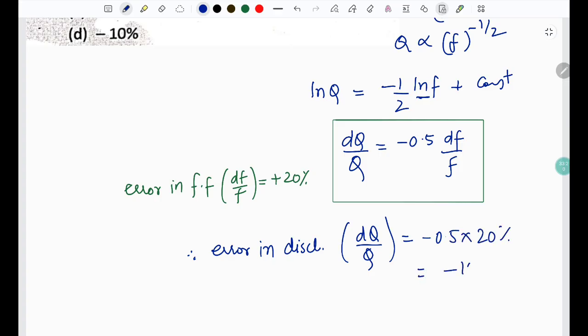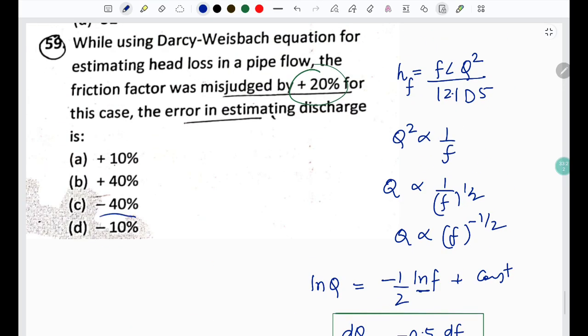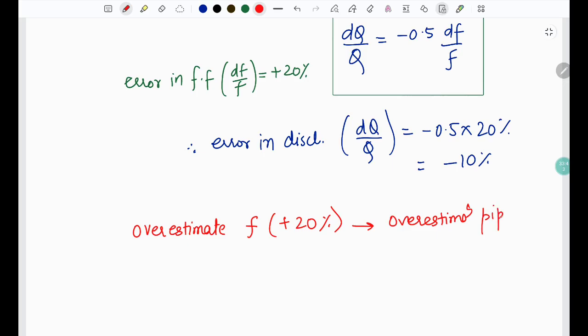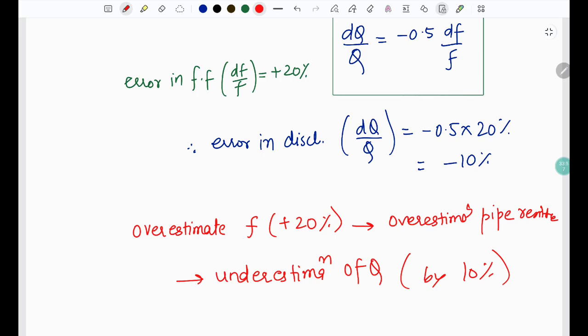That gives us minus 10%, which tells us the answer is D. What it tells us is that when you overestimate the friction factor, in this case by positive 20%, this leads to overestimating pipe resistance than what actually it is, which leads to the underestimation of the discharge by 10%. That is, you are accounting for a discharge which is lesser by 10%.